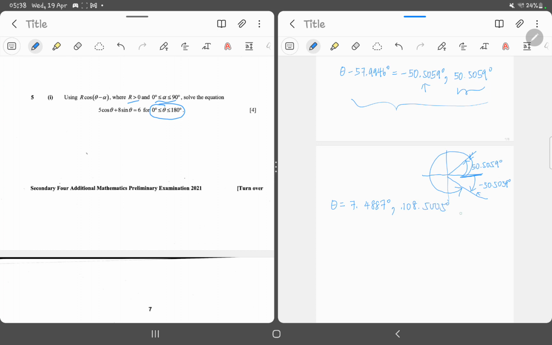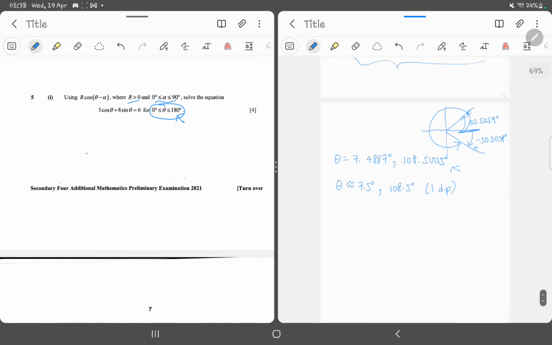We can see that these angles are acceptable because they are within the range stated in the question. Theta will be rounded off to one decimal place: 7.5 degrees and 108.5 degrees. One decimal place for angle, and we are done with 5 part I.